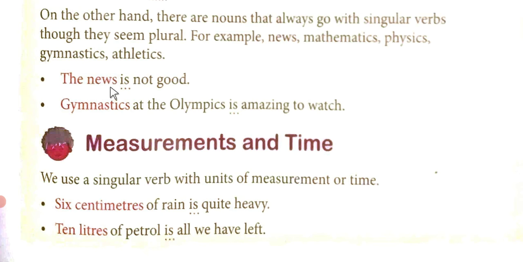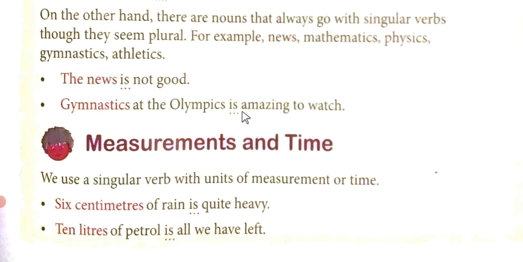These are nouns that always go with a singular verb, though they seem to be plural, because the news is singular, or might be many of the news are there. So that is why the news is singular, but it seems to be plural. So here we use the singular verb that is.